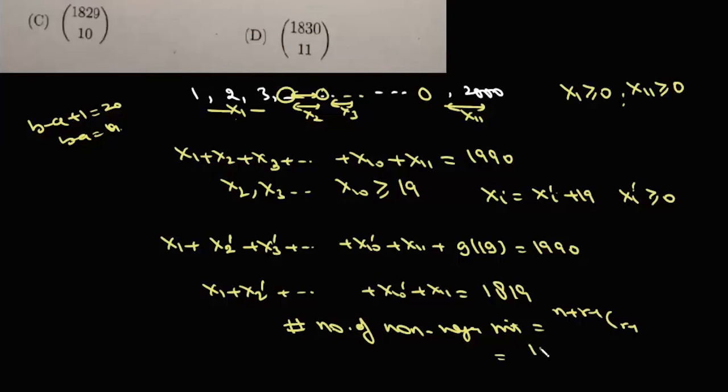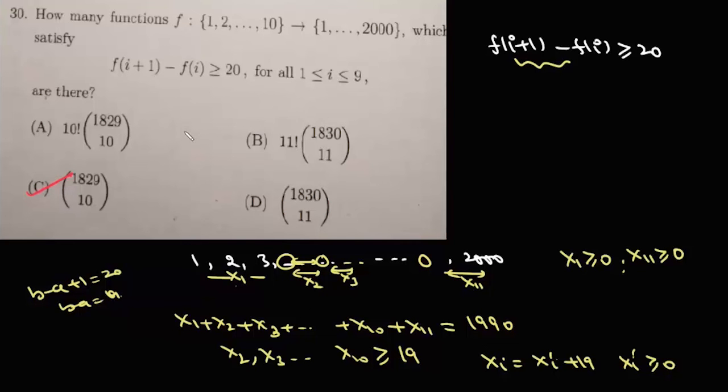In this case n is 1819 plus r is 11 minus 1, and this is 11 minus 1, so it will be 1829 C 10, and that's your option C. And we have not arranged it because f(i plus 1) minus f(i) is positive, so it is an increasing function, so it can be arranged in only one way. So the answer to this question is option C.